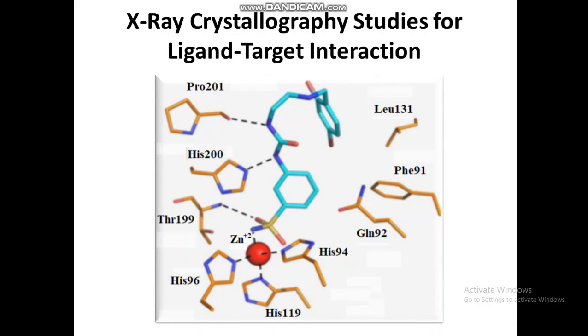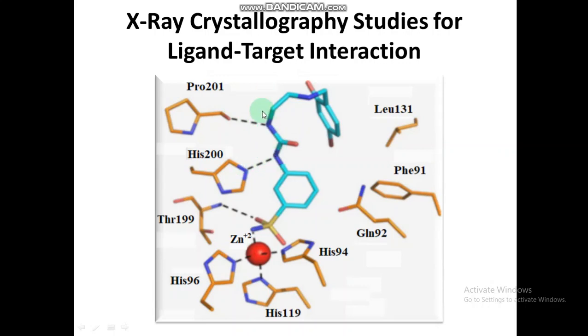We observed that the amino group of the sulfonamide binds with the zinc 2+ ion, which is already bound with histidine residues, and then makes hydrogen bonds with threonine 199, histidine 200, and proline 201 with this NH group.